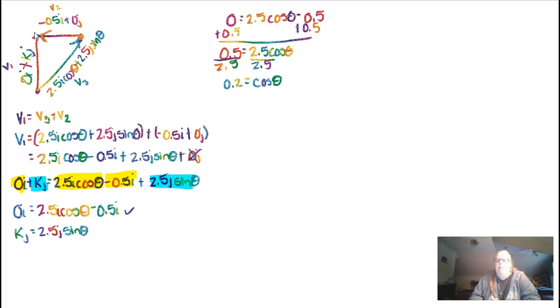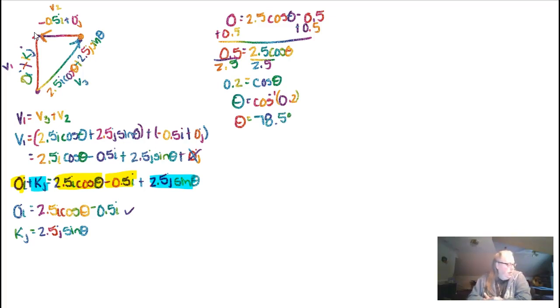And if the cosine theta is equal to 0.2, then theta must be equal to the inverse cosine of 0.2. And that gives me 78.5 when I round it off to the nearest degree.